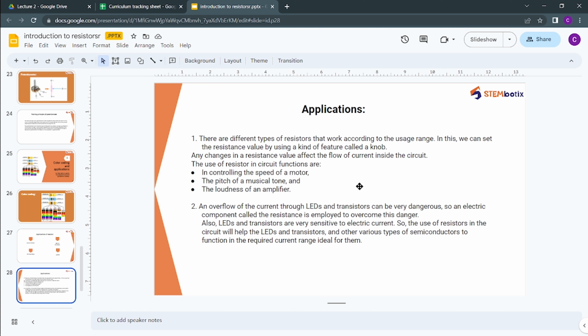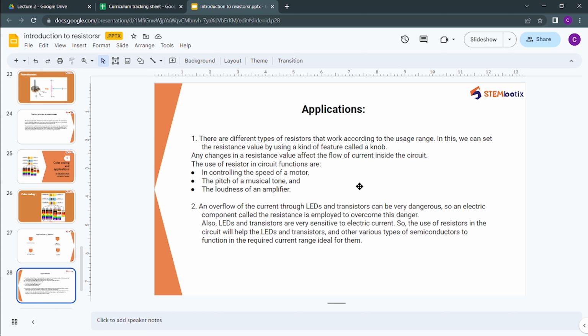Any change in resistance value affects the flow of current inside the circuit. So as you control the knob, the flow of current inside the circuit changes, and as an output it will increase or decrease the value of resistance.